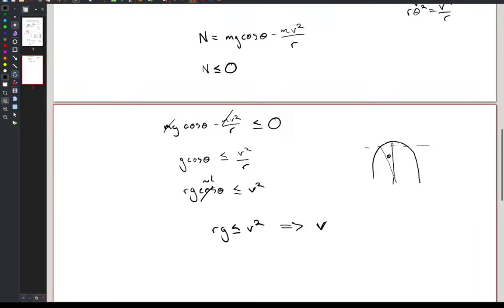Wait, why would I have to flip it? Or wait, more than? Because that would mean we have a lower limit, right? Less than? More than? What do we think? No, we need an upper limit, otherwise if you go too fast, you'll fly off. So shouldn't it be less than or equal to? Yes. So I think when I brought that v squared over r to the other side, I had to flip it.